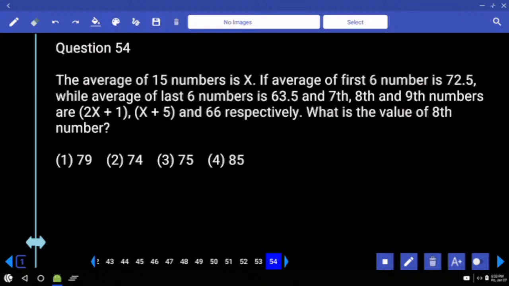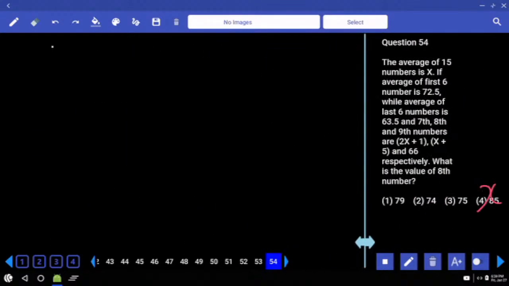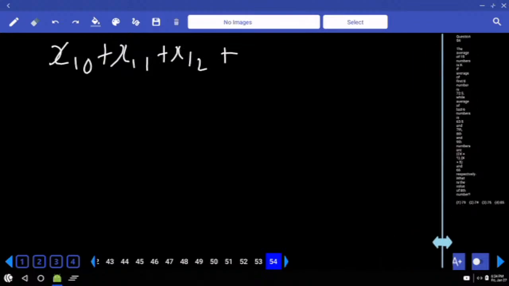If the average of the first 6 numbers is 72.5, then the first 6 numbers, x1 plus x2 and so on up to x6, equal 72.5 into 6, the sum of observations. This is what? 435. Now the average of the last 6 numbers, if you see, comes with x10 plus x11 plus x12 and so on up to x15.